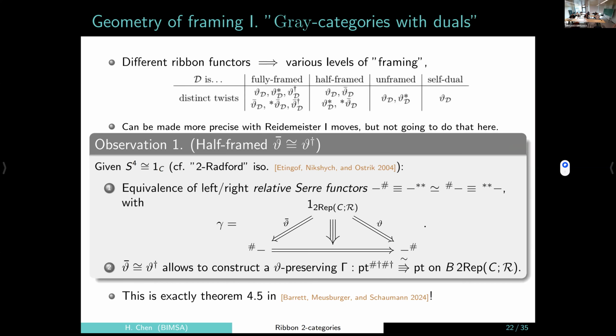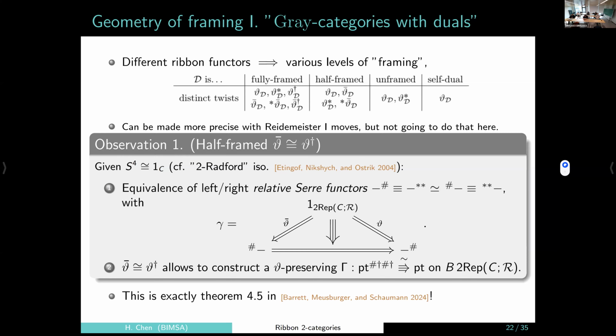motivation to identify D with D double dual. The way that I propose to do this is to think about the geometry, really think about the geometry, and to match with geometry you just look at the Reidemeister one moves. There are various ways in which you can construct Reidemeister one moves, which is a trivialization of twist.